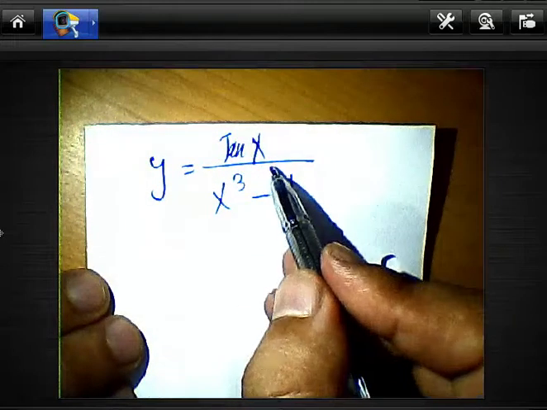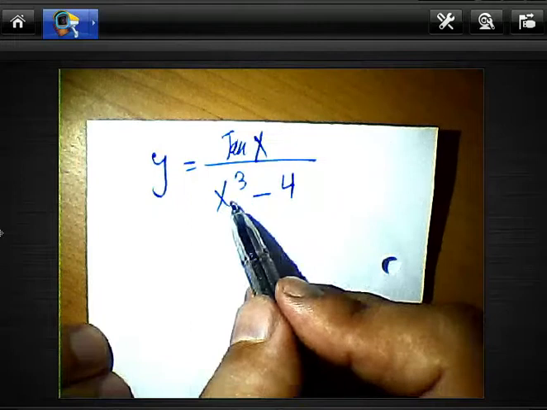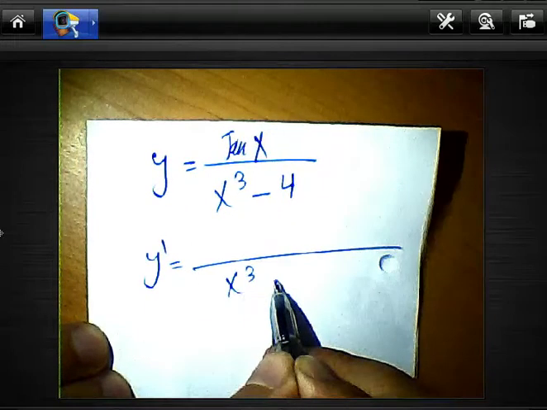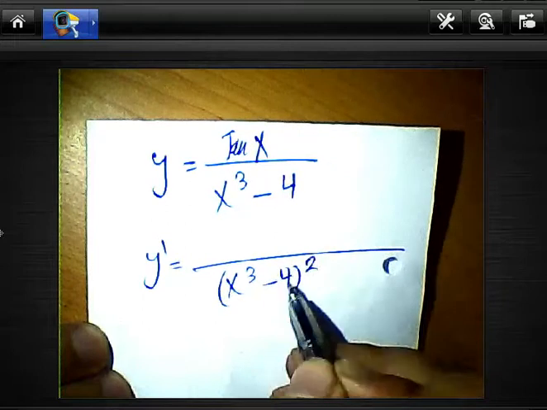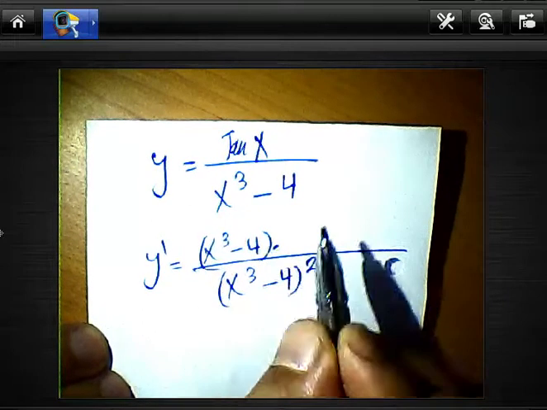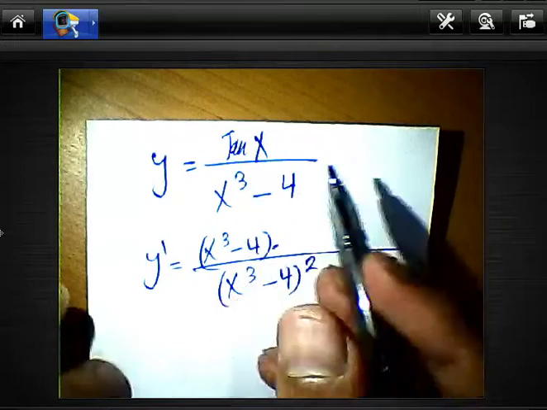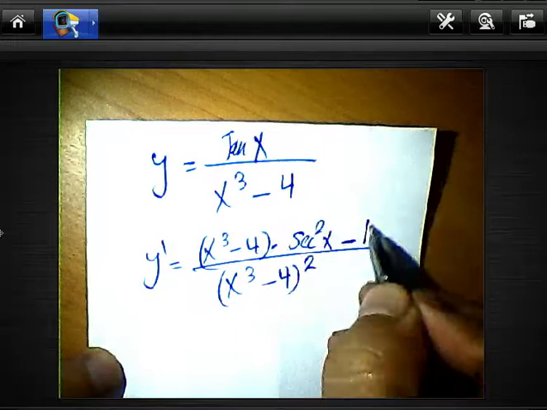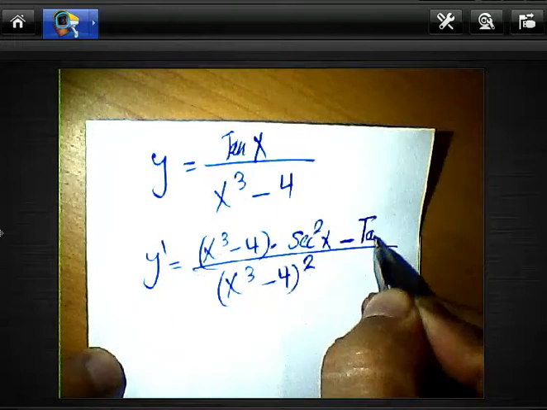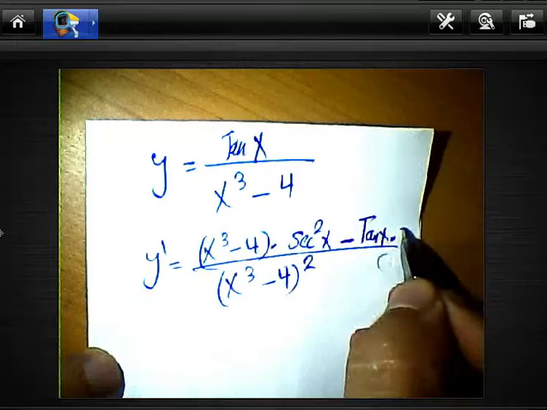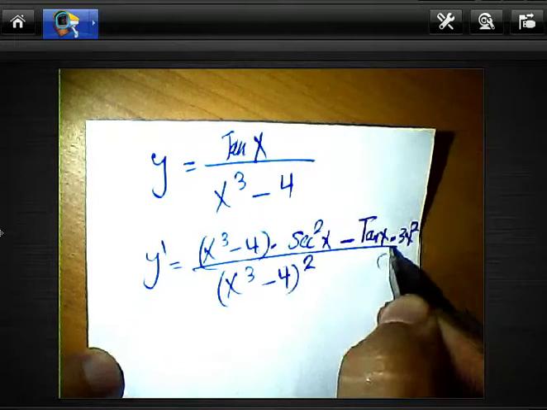Again, 10x over x power 3 subtract by 4. We can find the derivative. The denominator is (x power 3 subtract 4) power 2, and we write this denominator multiplied by the derivative of 10, which will be sec power 2x, subtract the numerator 10x multiplied by the derivative of the denominator, which equals 3x power 2.